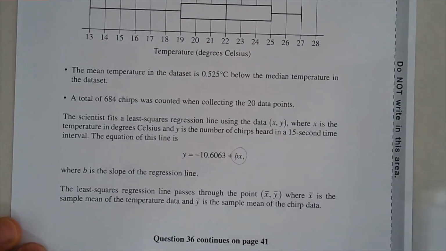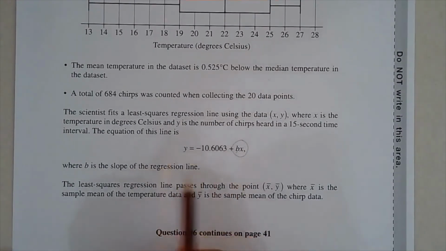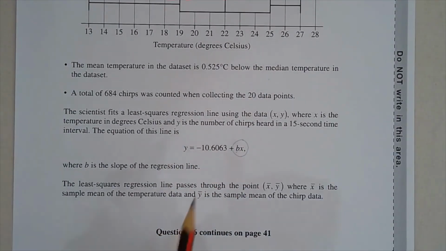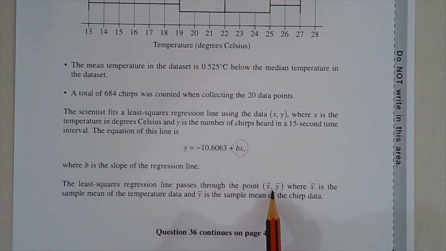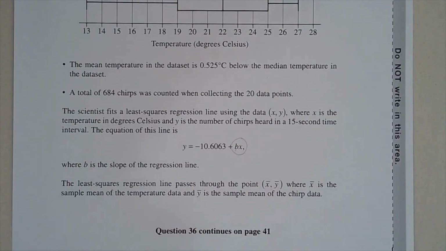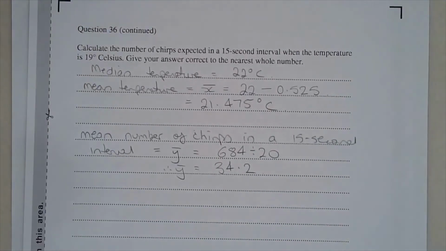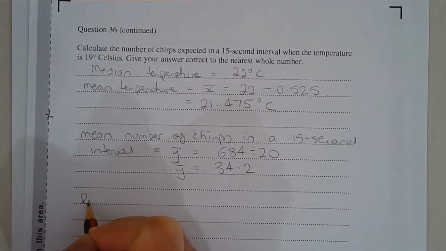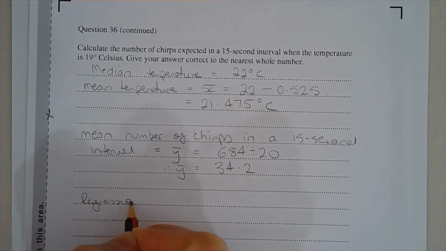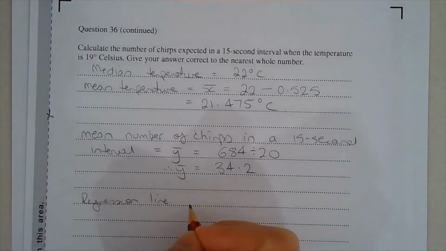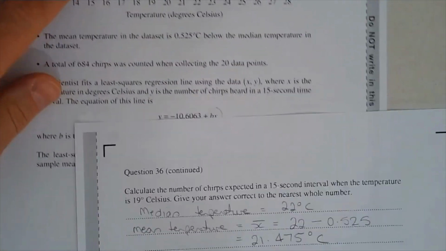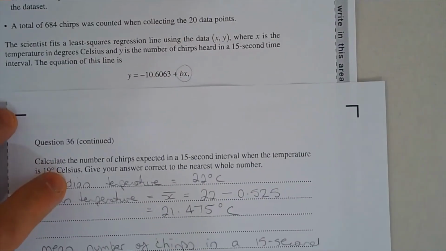Now, let's go to the equation of the regression line. We're told that the regression line passes through the point x bar, y bar. I'll write the equation again, just makes it easier.